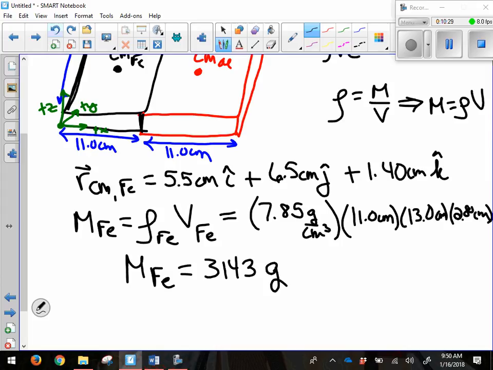Well, I think we're going to leave it the way it is for right now, because I have about 3 figs running around, but this is an intermediate answer, and I'll save my rounding for the end. Can I leave it in grams, or do I have to convert it to kilograms? Well, you can leave it in grams. Why can I leave it in grams, Priya? I'm going to leave it as grams because they're all going to cancel, right?